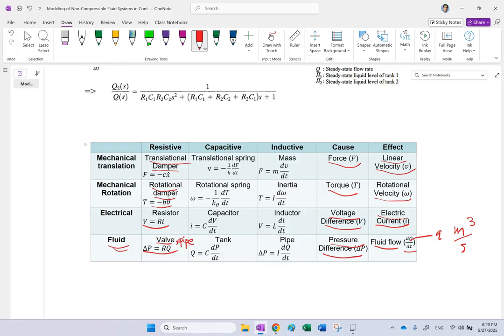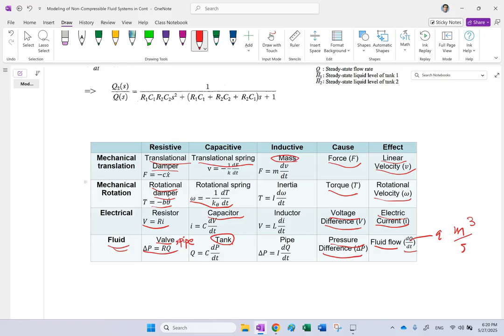Then we have the ones that are storing energy, the capacitive ones. In an electrical system, it is a capacitor that stores energy. In a translational system, it's the translational spring, and in a rotational system, it's a rotational or torsional spring. In a fluid system, it's a tank. That's where you store the fluid. And of course, there is inductance and inertia. For a mechanical system, that's mass, which is resistance to change of the velocity.